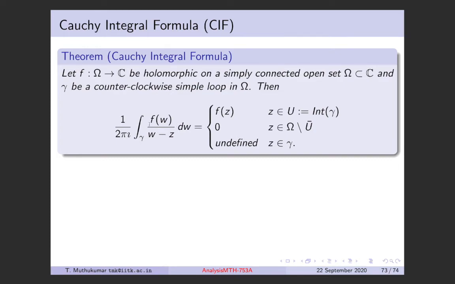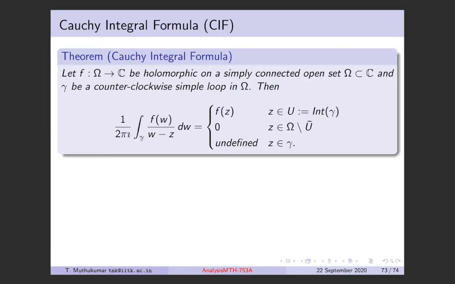The nice thing about this result is that just knowing the value of f on the curve gamma, using this quantity you can compute the value of f at all the points inside gamma.